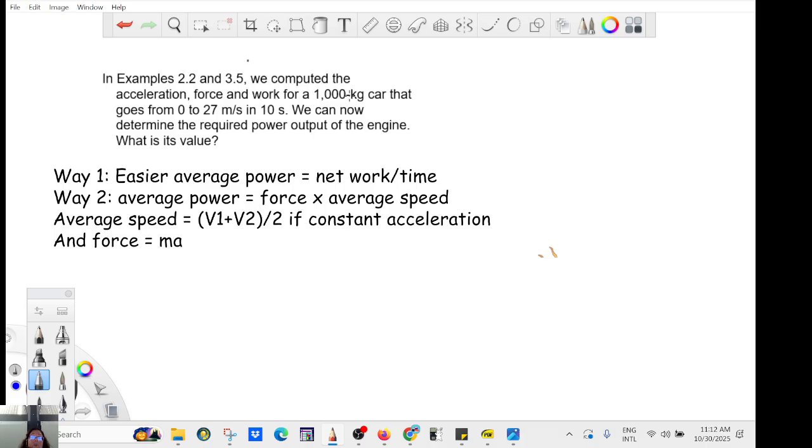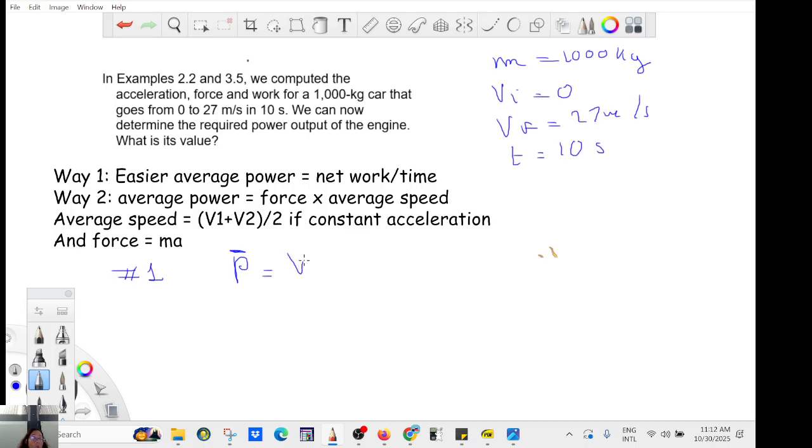So force and work. Okay, we have the mass, 1000 kilogram. Initial velocity is 0, final velocity is 27. The time elapsed is 10 seconds. So way number 1, the average power is the work done by the engine over the time elapsed.